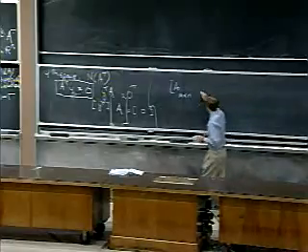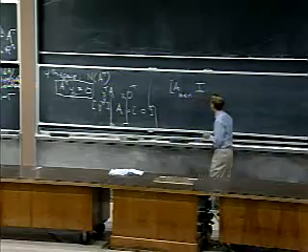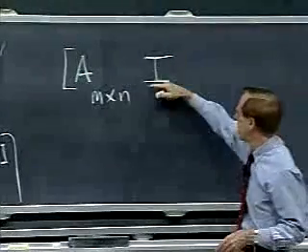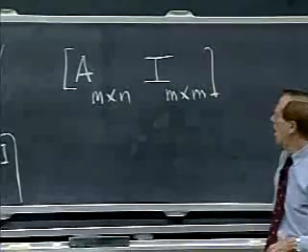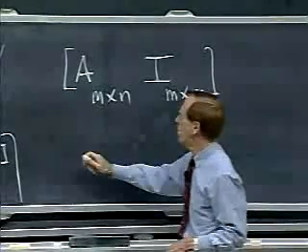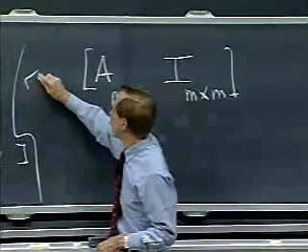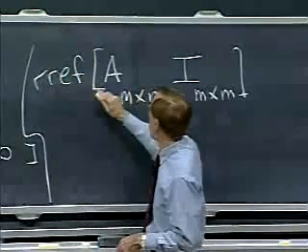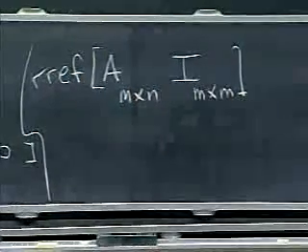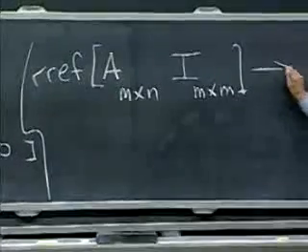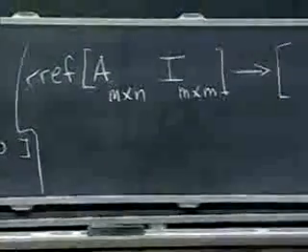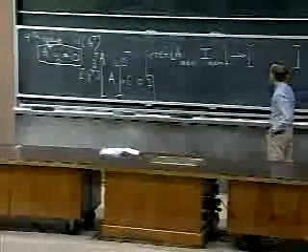But I'll still tack on the identity matrix. And of course, since these have length m, it better be m by m. And now I'll do the reduced row echelon form of this matrix. And what do I get?